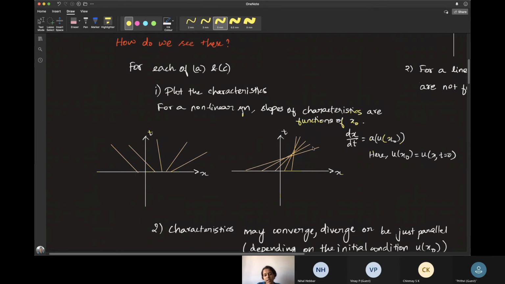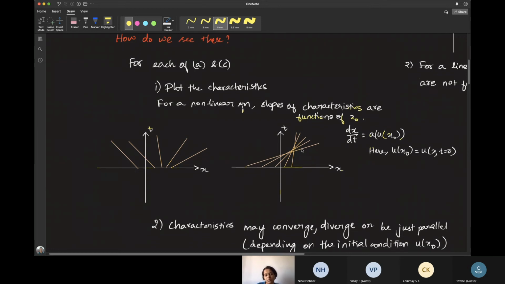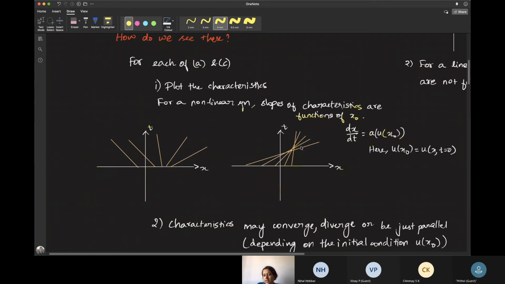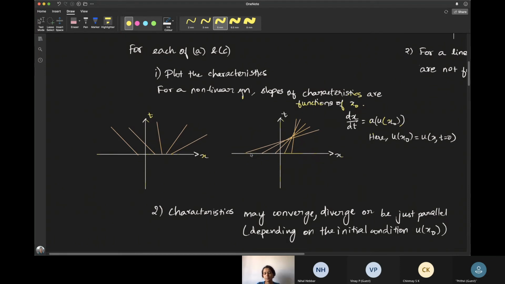Converging characteristics will lead to multiple solutions, and eventually to the formation of a shock. So this is shock formation, and this is the formation of an expansion wave. Because the characteristics have different slopes, we have expansion waves and shock waves forming.